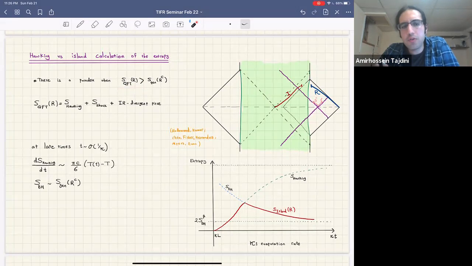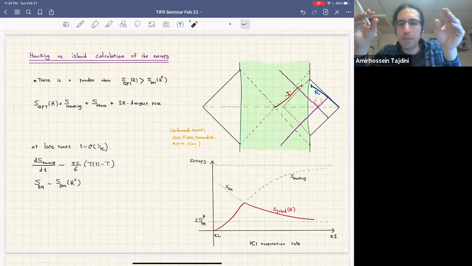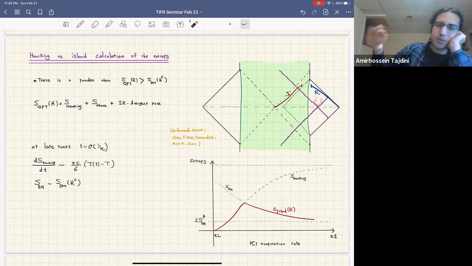Generalized entropy, in the old-fashioned way, is defined as the areas of your horizons, here two horizons, plus the entropy of the matter field outside. That is supposed to be the coarse-grained entropy for the complement system. Whenever the entropy of your region is bigger than that, we have an information paradox, because the whole system cannot be pure.